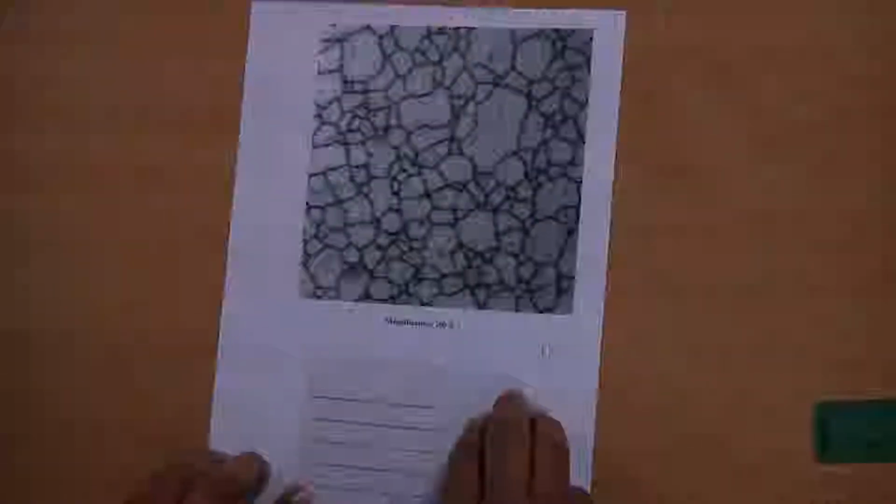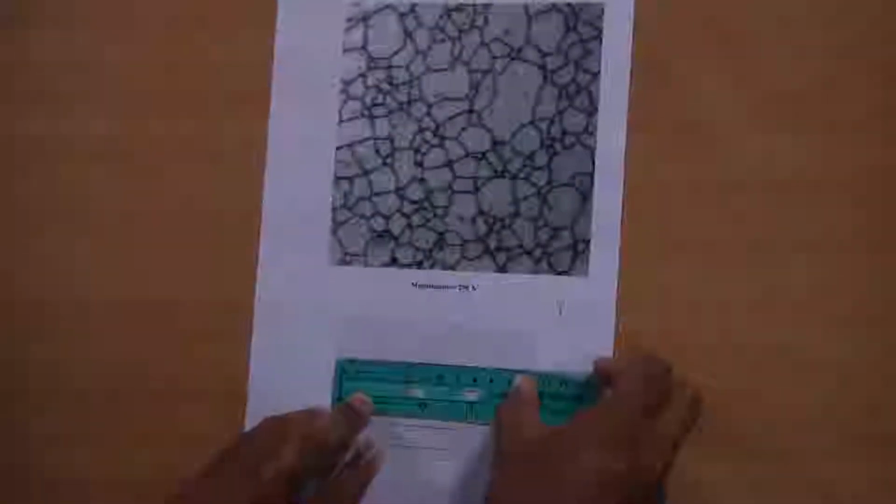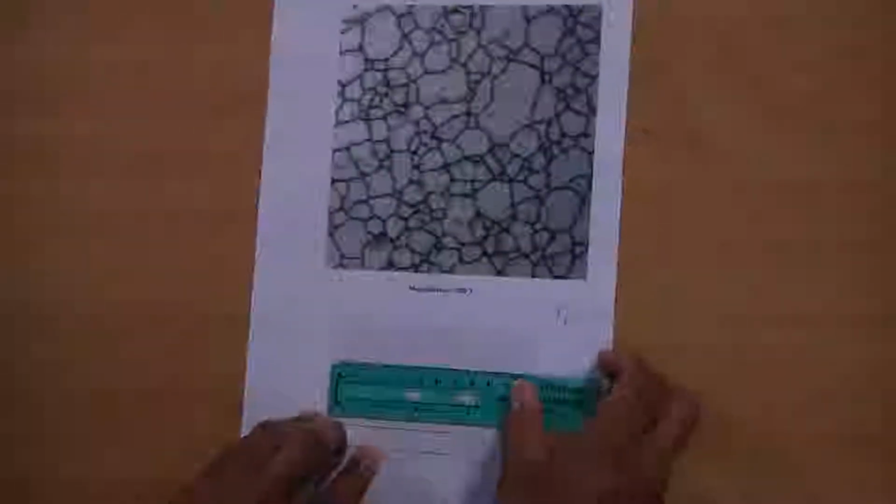Now let us start looking at how we can do this intersection counting. What I am holding in my hand is a probe, and the length of the probe is 72 mm. You have about 5 lines.